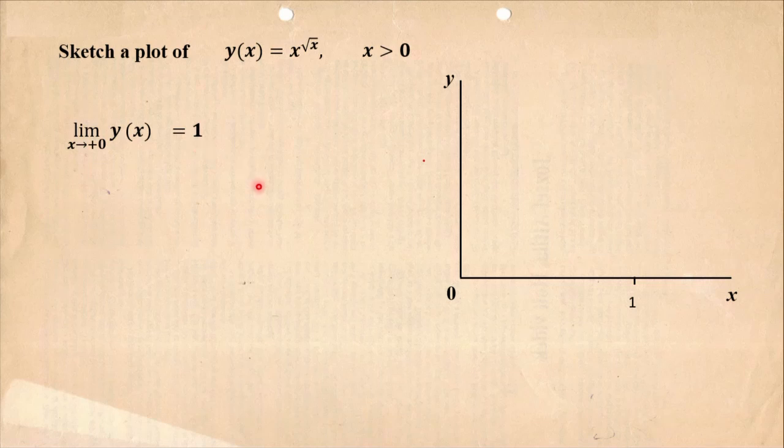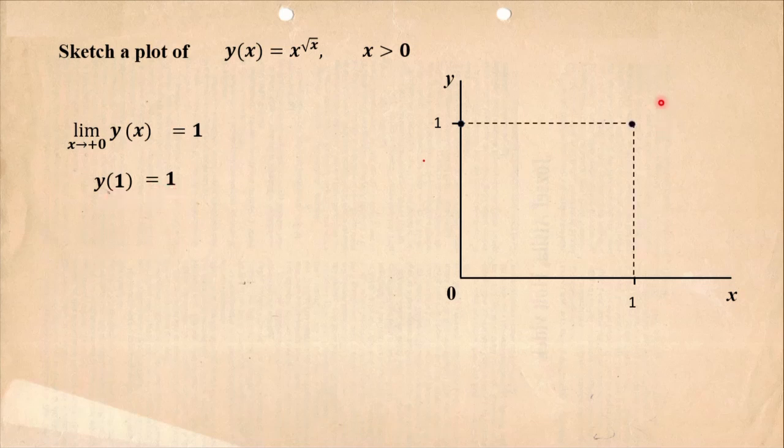We plot this point here, then we consider x equal 1. X equal 1 we plug in here. 1 to the power of 1 is 1, so this point is 1, and on the coordinate system the point is here.